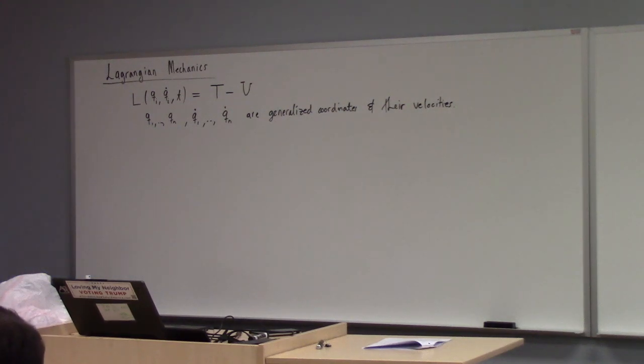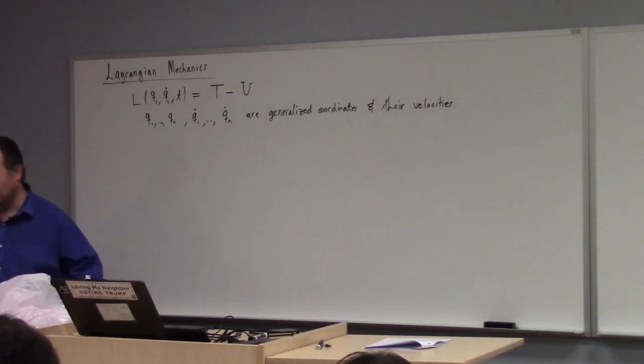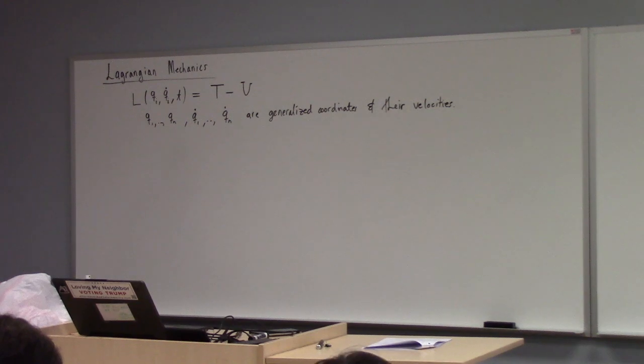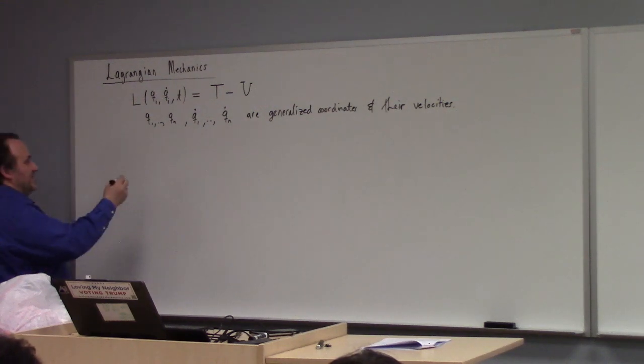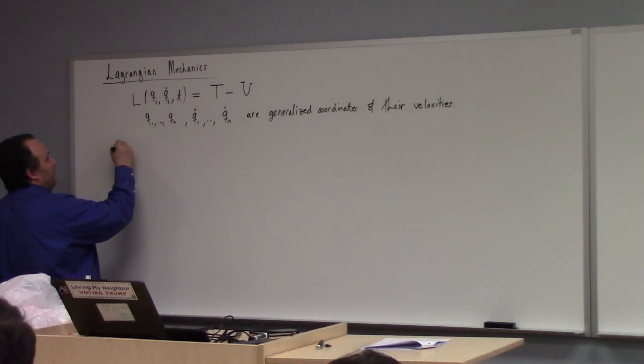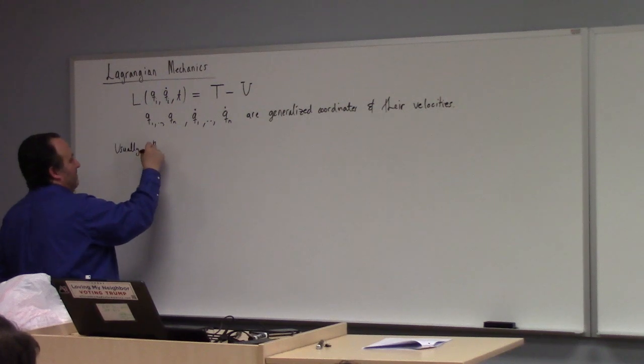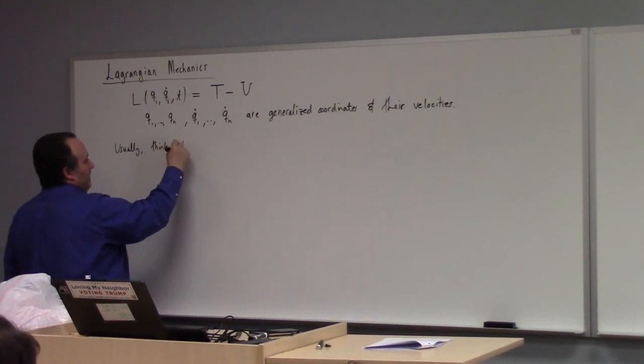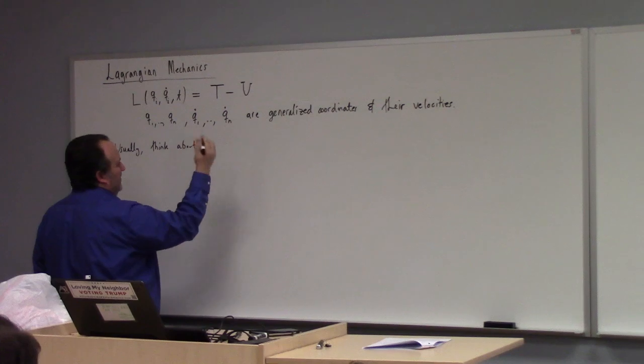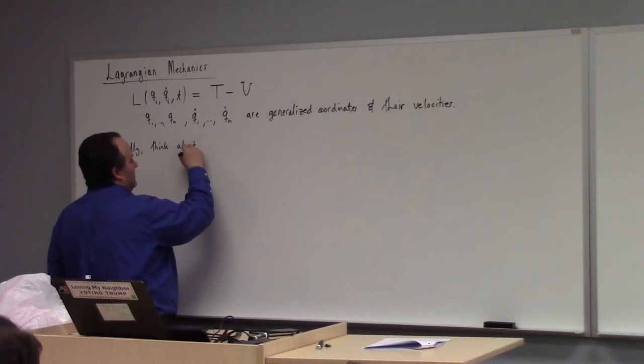So the Lagrangian is defined in terms of, physically speaking, you have a system, you can describe it with these n generalized coordinates. This is the generality, but let's bring it back down to earth for a second. Typically, think about a couple of particles, maybe one or two particles.